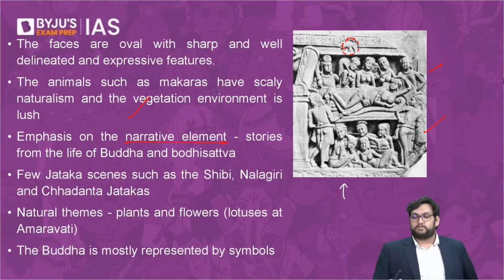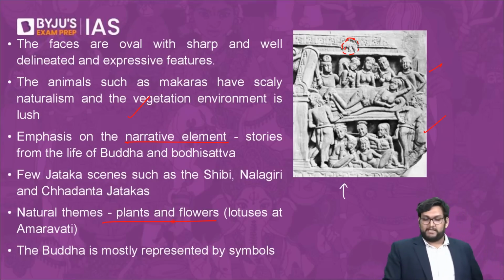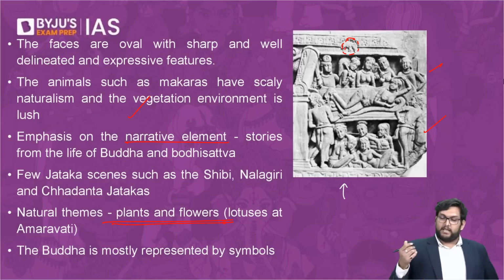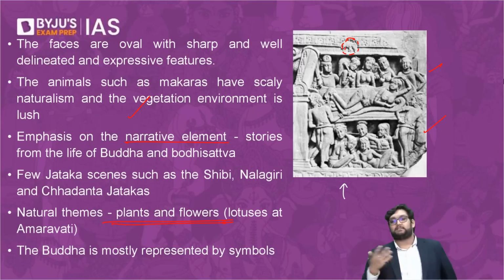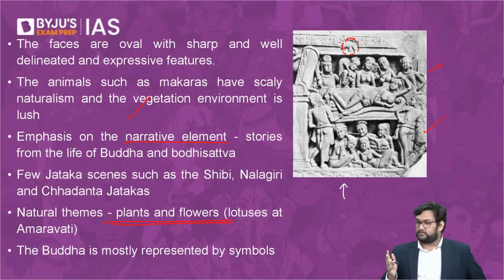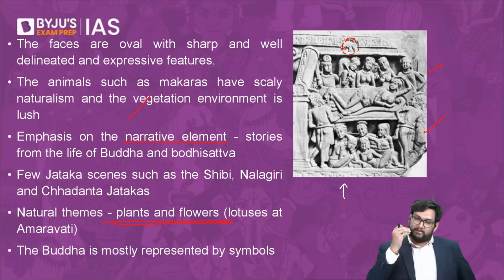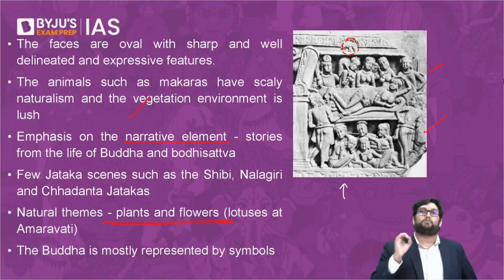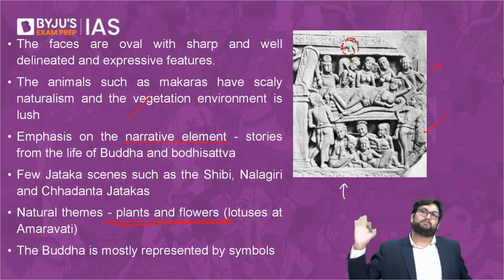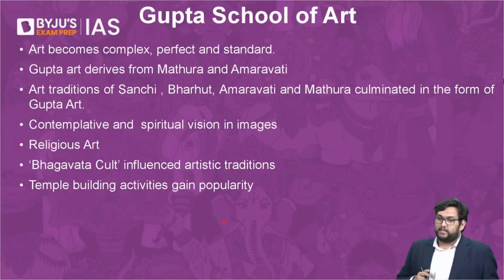Narrative element is there because it is Hinayanic Buddhism, and naturalistic plants, flowers, these are things which are represented. And because it is Hinayanic, Buddha will never be represented in idols. So how elephant? Elephant is in one of the Jataka stories, Buddha was an elephant. Elephant is a symbol used for Buddha.